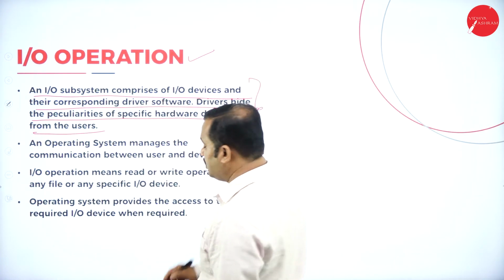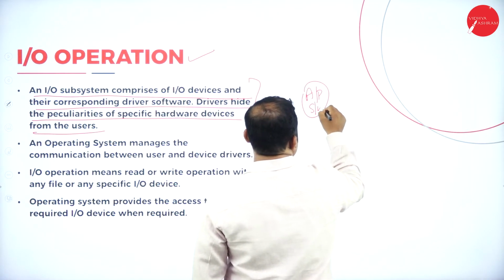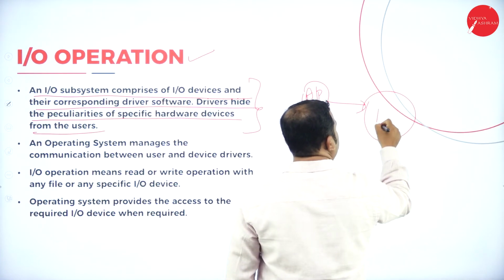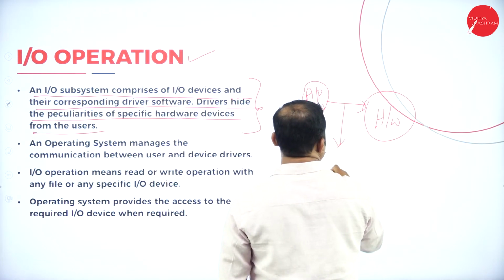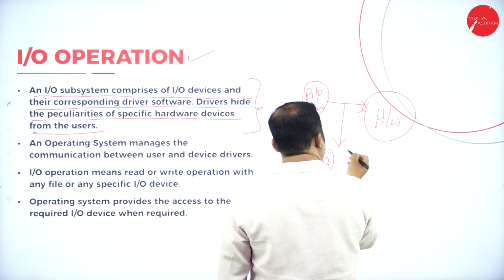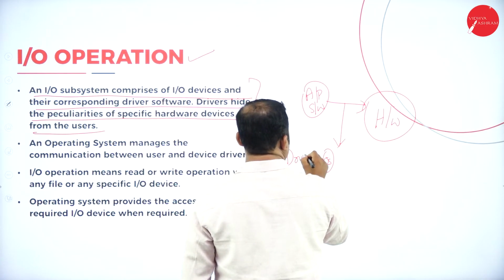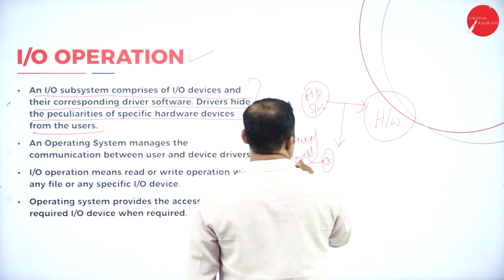That is, if any of the application software wants to interact with the hardware devices, then there must be some specific drivers. The operating system in turn interacts with drivers, also called device drivers.